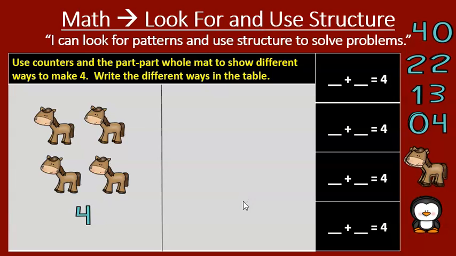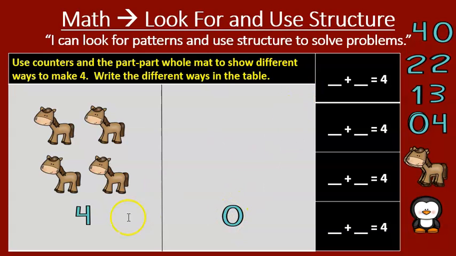No, okay? Because if we put, let's say I put a penguin in here, and we put a number 1 here, we're going to have 5, okay? That number is not 5 there, so therefore I do not put any penguins on this side. So all I do is, since I have nothing there, I'm just going to put 0 there, okay? So look, our part whole mat is complete.